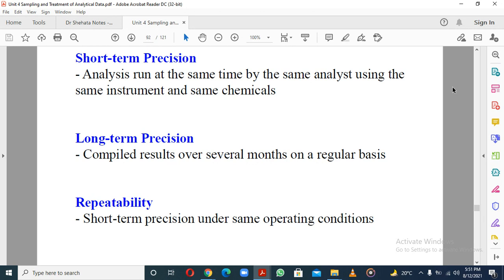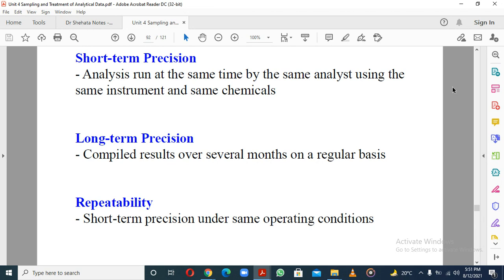So all of this is a way of quantifying the random error. There are a number of terms that we have to appreciate, and this is short-term precision. In this, the analysis is run at the same time by the same analyst using the same instrument and same chemicals. Let me explain. Remember, we discussed what precision is: how much in agreement the results you've obtained are with one another.